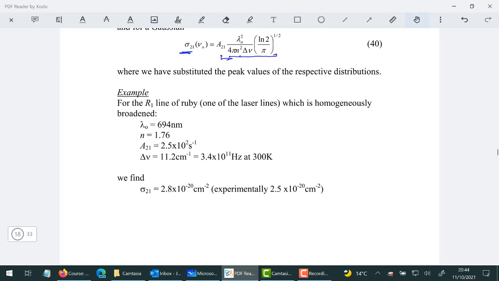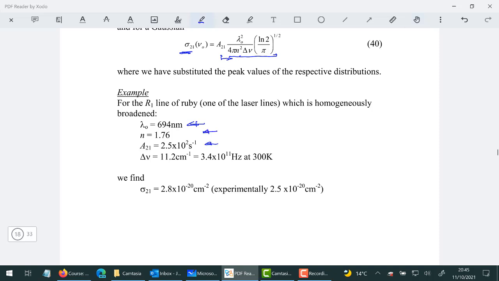So again, let's look at some numbers. Ruby was the first laser material to get to work. Its wavelength is deep in the red, nice red ruby colour, obviously. 694 nanometers, its refractive index 1.76.